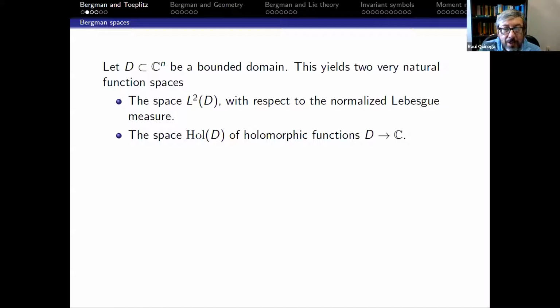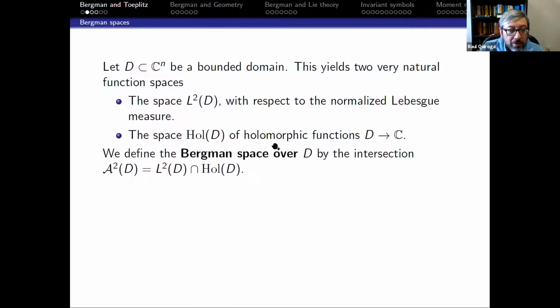In analysis, you have the L2 space with a normalized Lebesgue measure and the space of holomorphic functions. The intersection gives you the Bergman space, L2 and holomorphic.